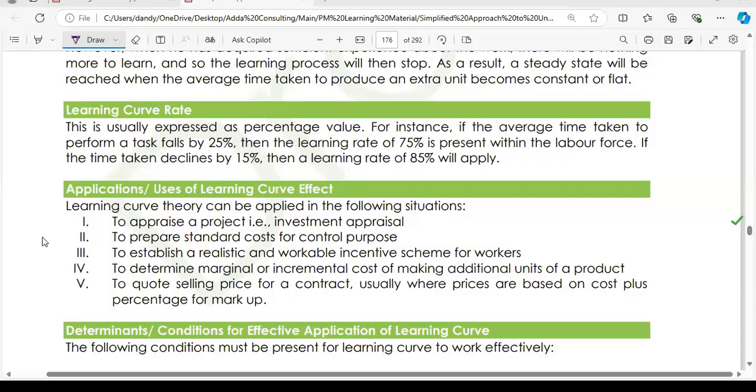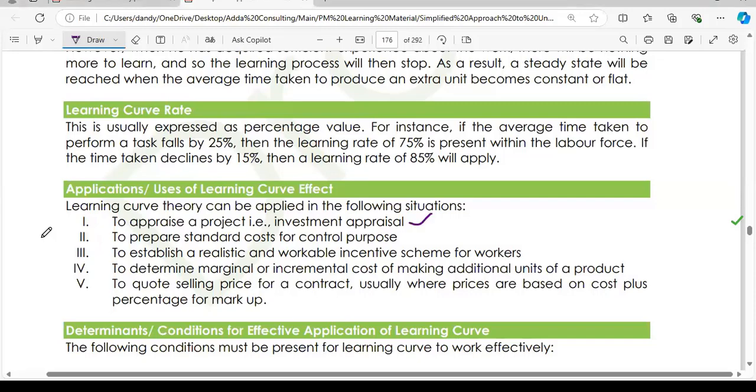When a company wants to evaluate a project, you are going to need material, you need labor, overheads and other direct expenses. Because there is labor, of course the learning curve effect can be applied in project evaluation, which is investment appraisal.